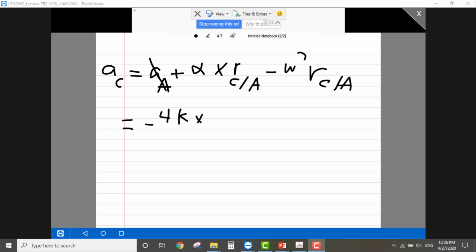Cross product, we travel from A to C as in the previous scenario, so we go in the 0.4 I direction, and then in the positive 0.4 J direction.